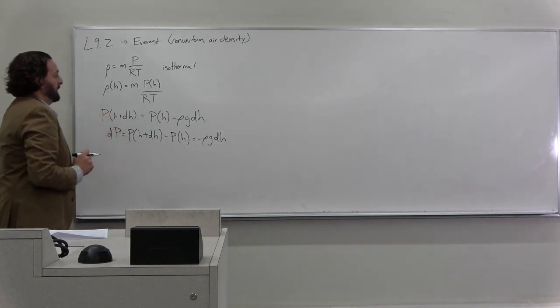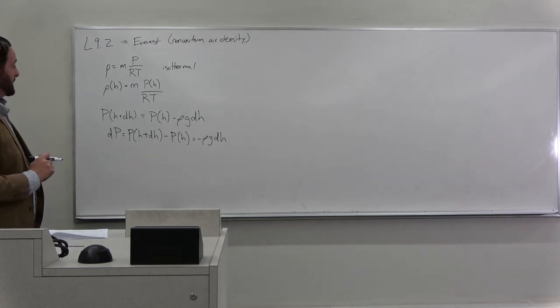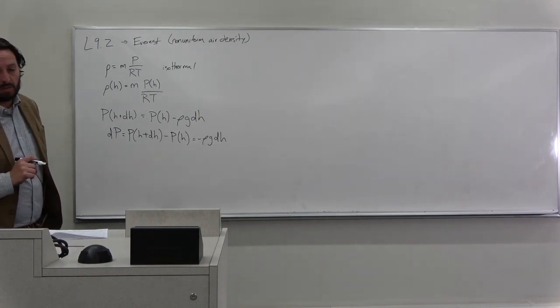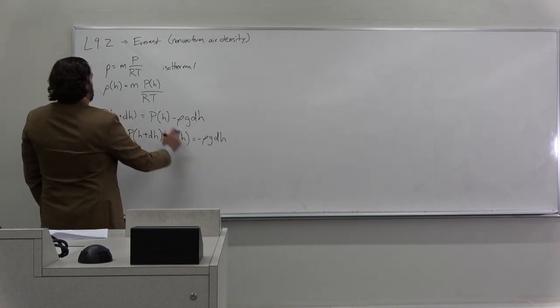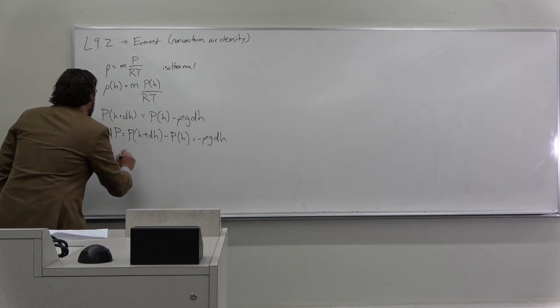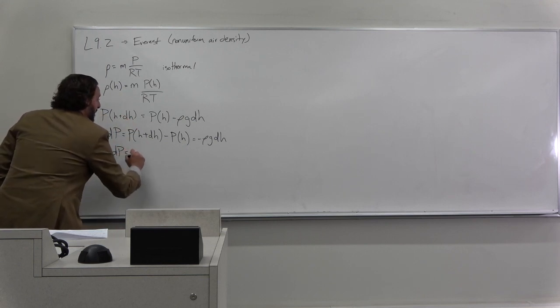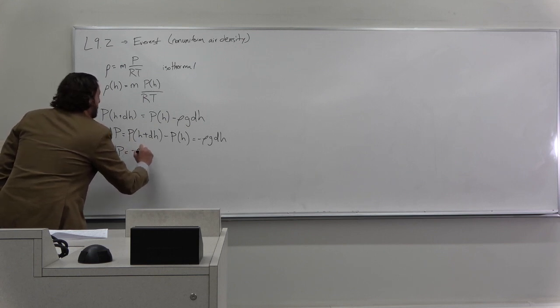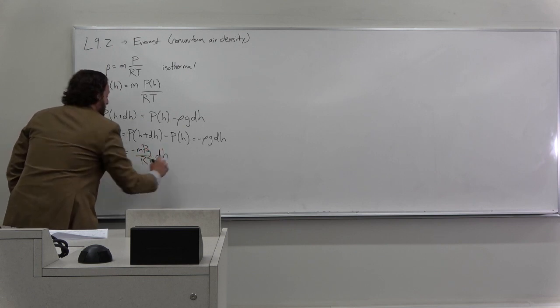Now we're going to sub in our rho. So dP is going to be minus mPg over RT dH.